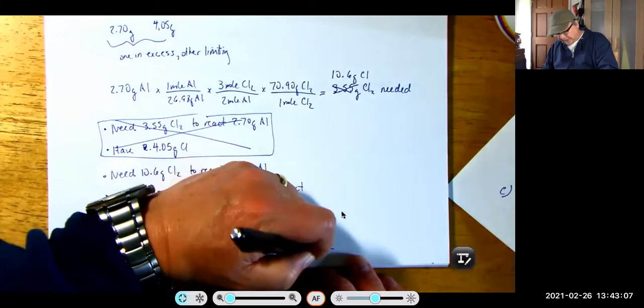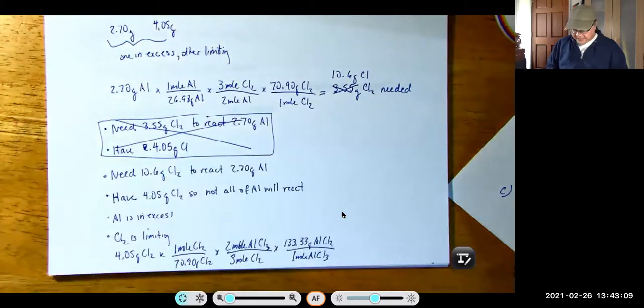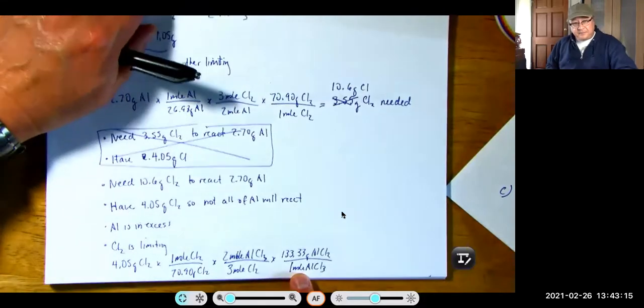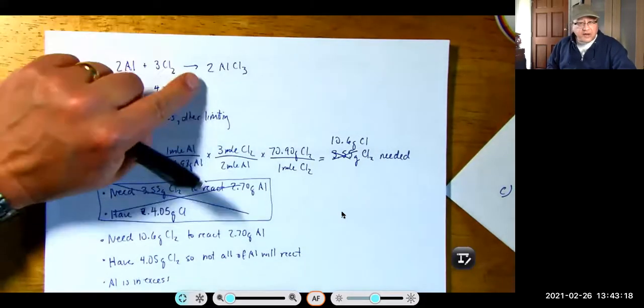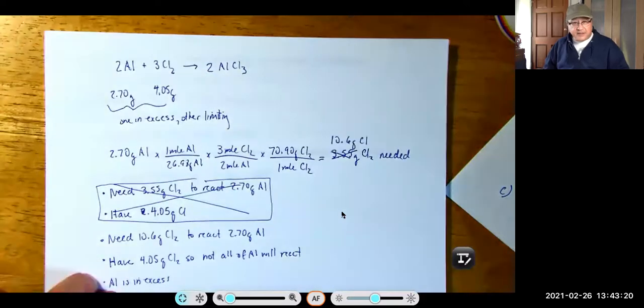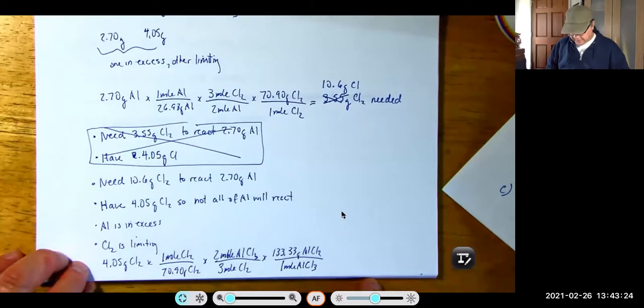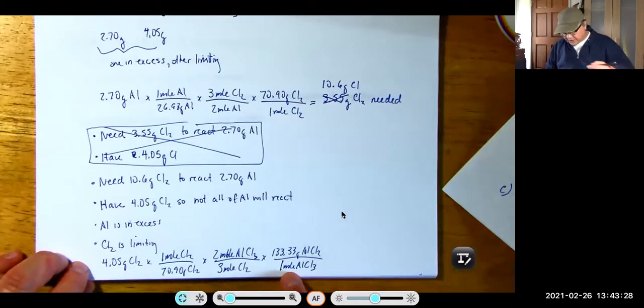Now I'm going to pause here. You'll notice that the balanced equation above has 2 moles of aluminum chloride in the equation, but here I'm only using 1 mole. So why am I only using 1 mole here? Well, the answer is simple.